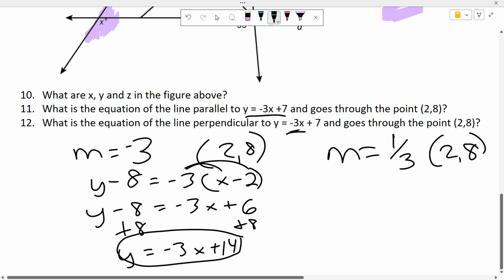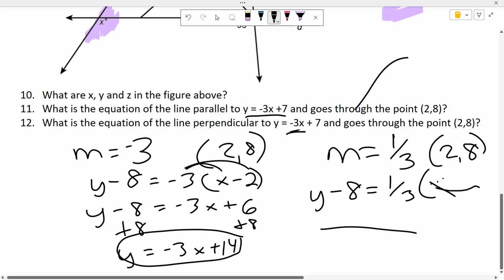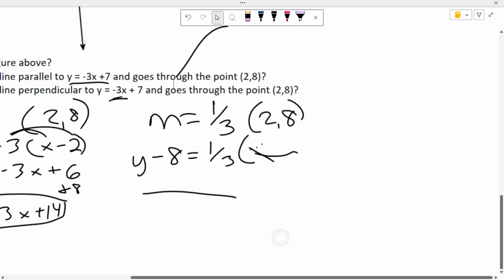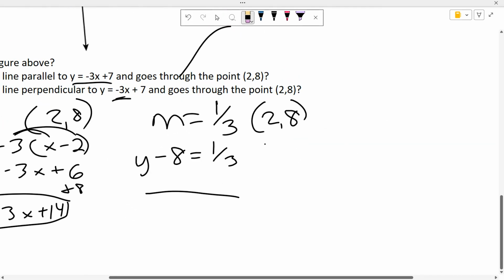I got to put it into point slope form. Point slope form: y minus 8 equals 1/3 times x minus 2.